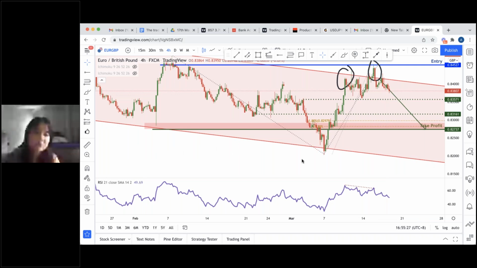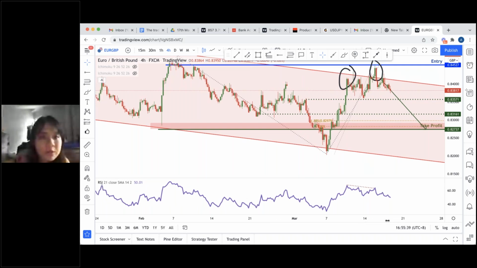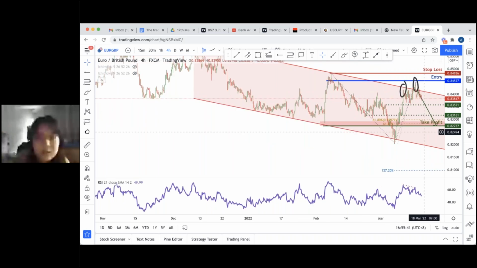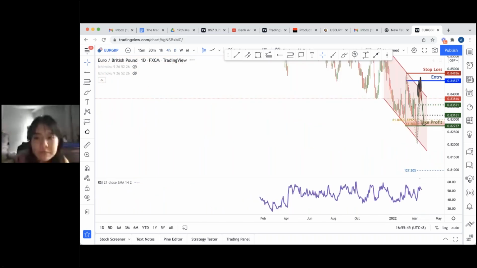Do you guys have any more questions? Anyone doing any other trades? I feel like Euro pound is a decent one because even though on a smaller time frame it's a bit messy, it's a legit channel on the bigger time frame.